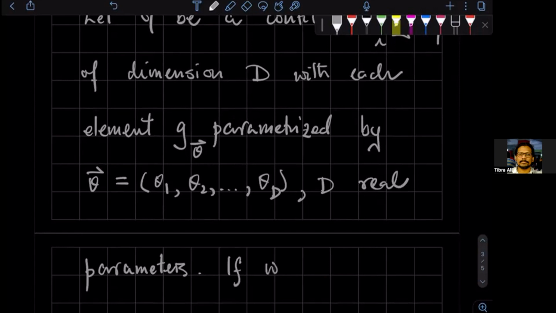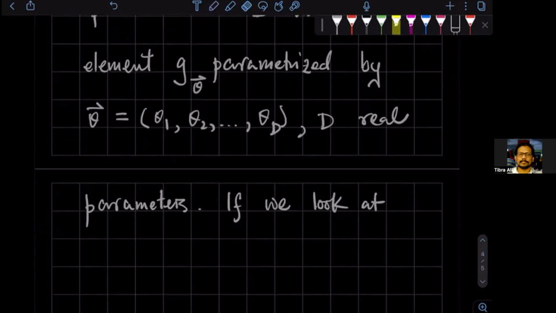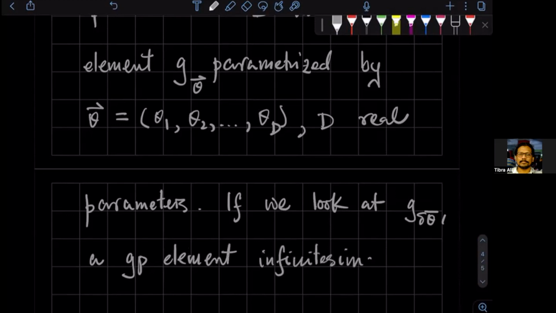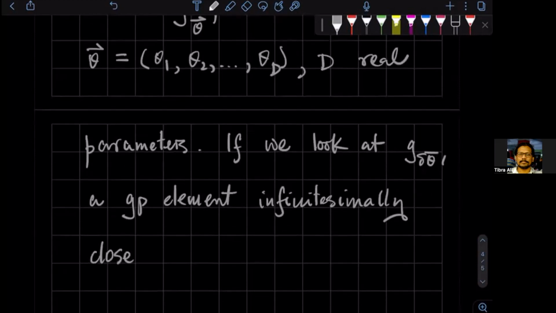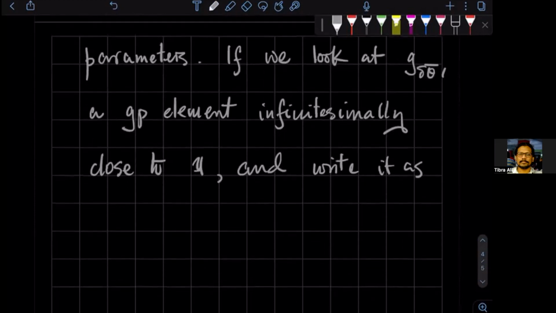Now, if we look at g of delta theta, that is a group element infinitesimally close to the identity, and write it as g of delta theta equals the identity matrix plus delta theta dot x.